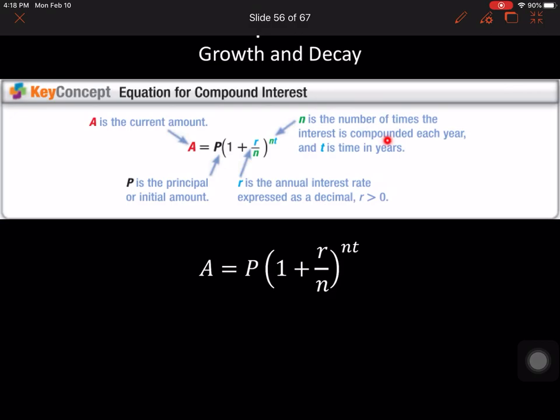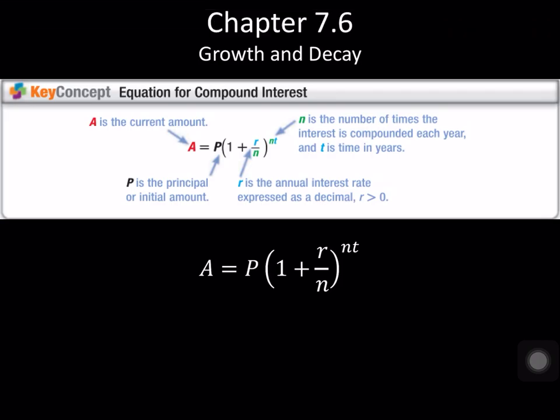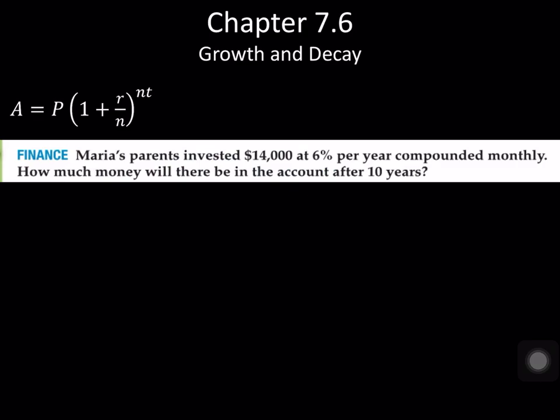So the number of times the interest is being added each year. And then T is time in years. And then the amount that we would end up with, our final amount there, is still going to be our A. So grab that formula. Make sure you know kind of what all the pieces mean.